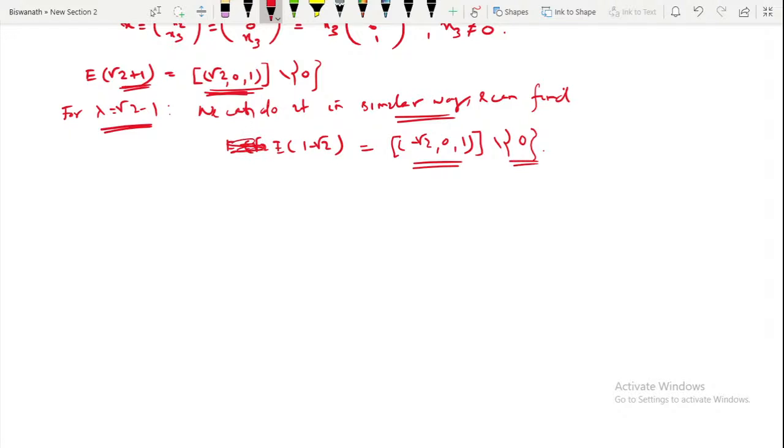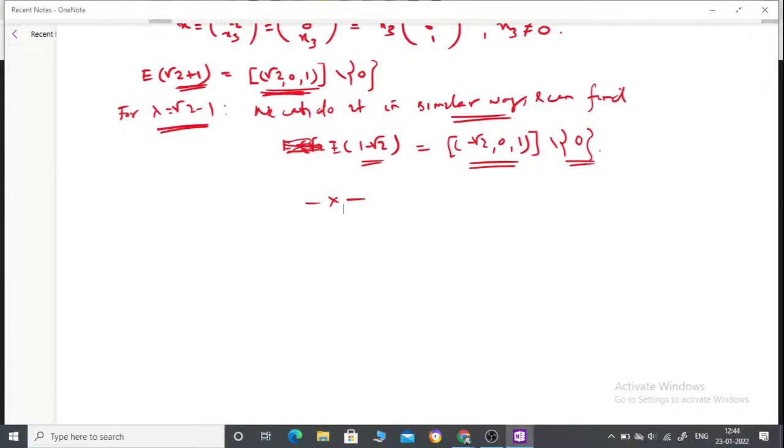Then these are all the eigenvectors associated with this eigenvalue 1 minus root 2. So these are all about the eigenvalues and eigenvectors and the characteristic polynomial, characteristic equations.